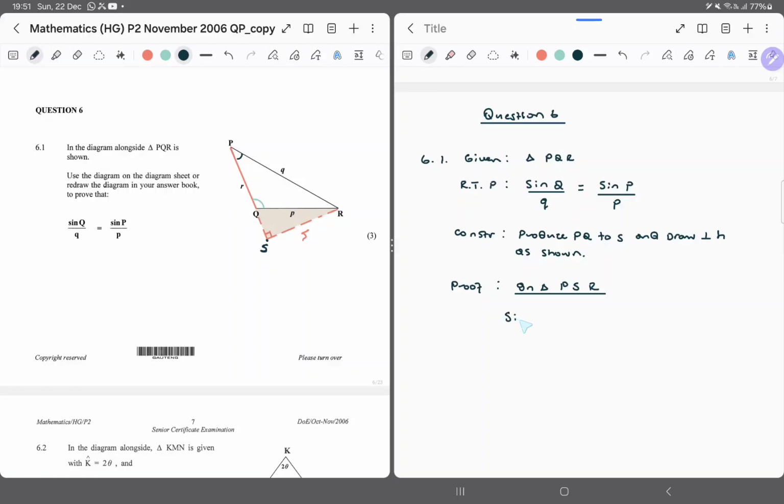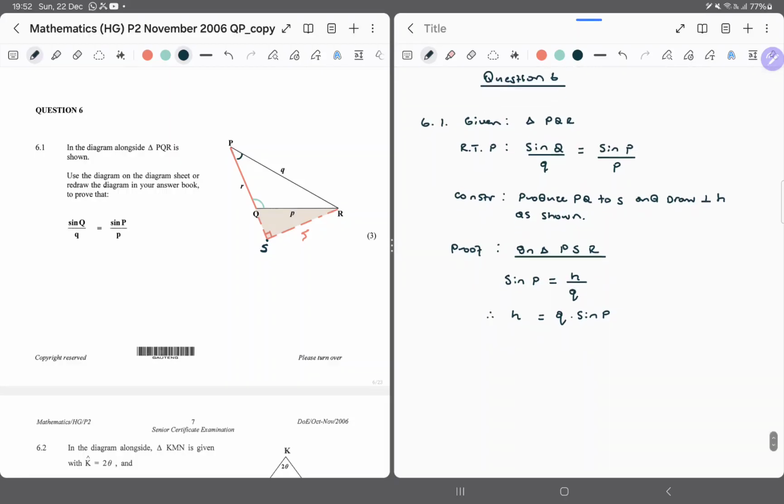We know that sine of angle P is going to be the opposite, which is H, over hypotenuse, which is Q. So therefore we know that H here is going to be Q sine P. That's fine.